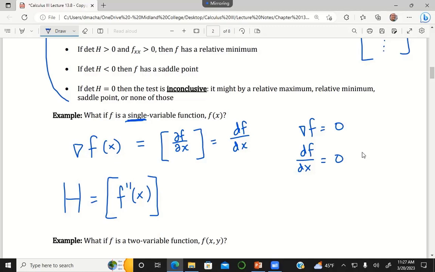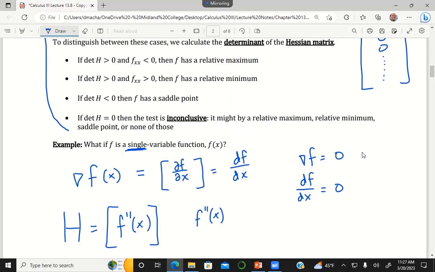So what this test would be saying is that if your second derivative is greater than 0, then you have a situation where it's concave down, so that means you have a relative minimum, right? So that would sort of correspond to this situation.